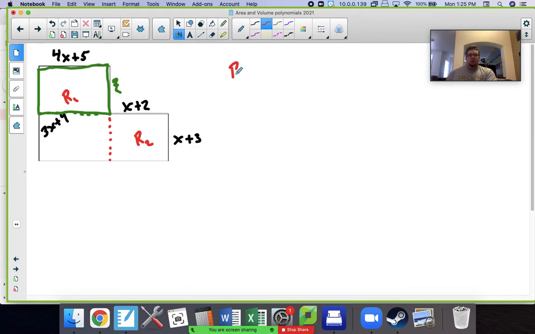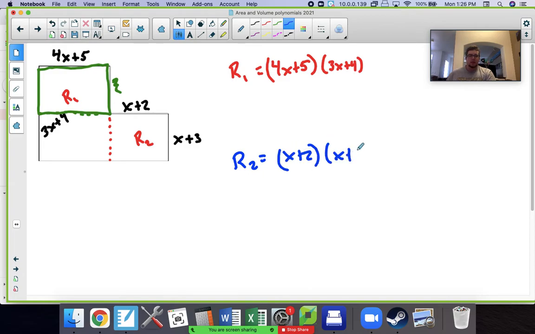So I take rectangle 1, that's 4x plus 5, the length, times the width, 3x plus 4. I have rectangle 2, x plus 2, x plus 3.